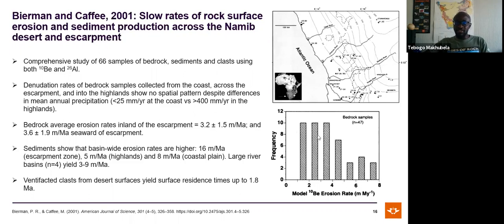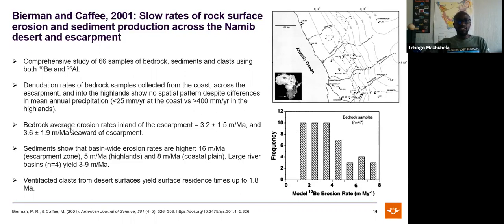And another interesting thing is that out of the 47 samples they used, about 36 or 37 samples of the bedrock yield erosion rates that are less than 5 meters per million years.